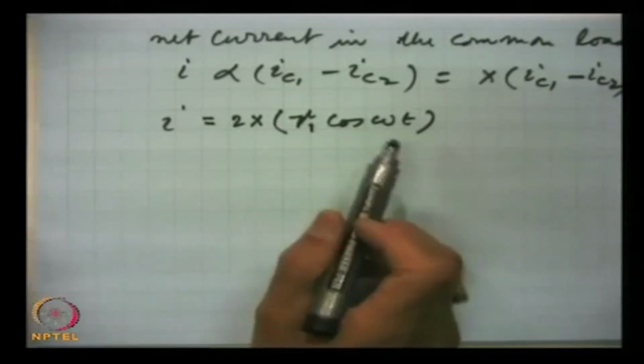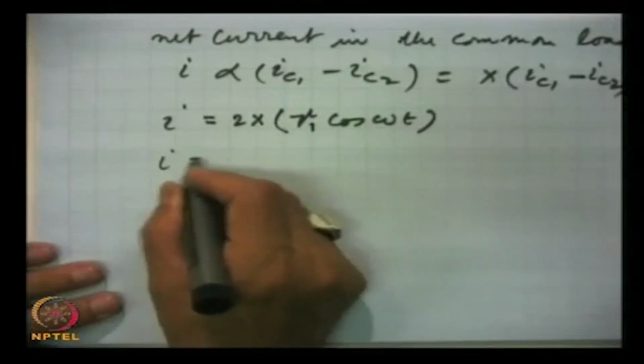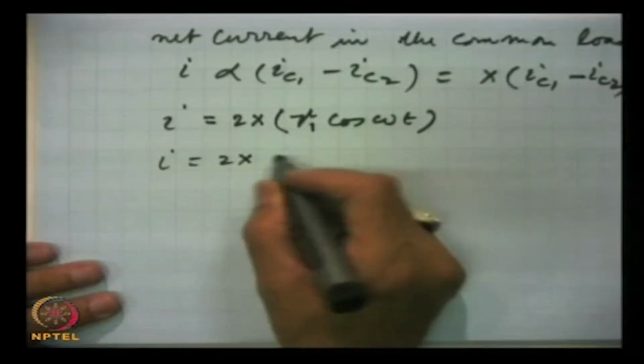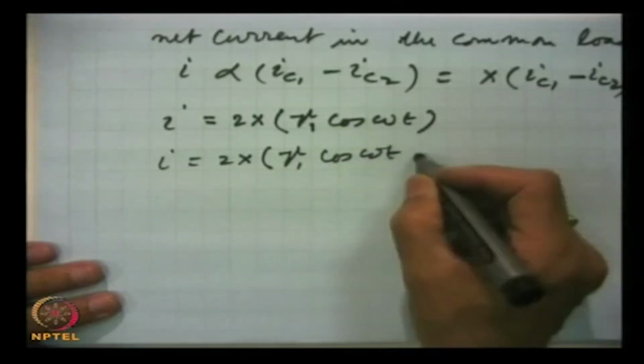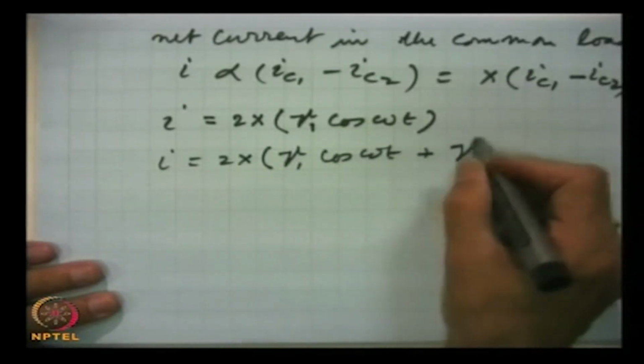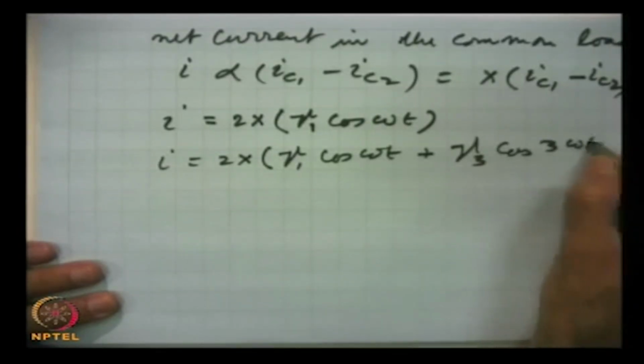But if we take a general case, we took an approximately parabolic shape of the transconductance curve. But in the general case, when Taylor series is used, then actually this I we will find is 2x into gamma 1 cos omega t plus gamma 3 cos 3 omega t and so on.